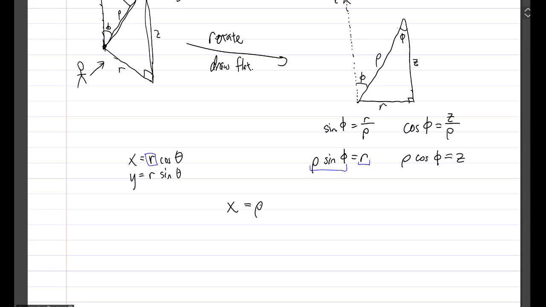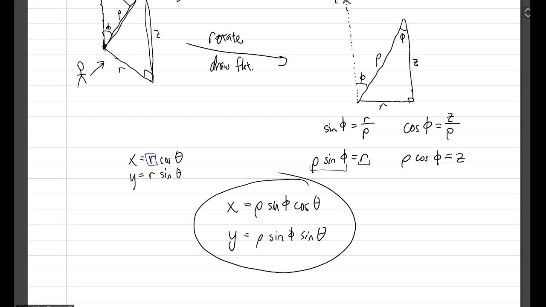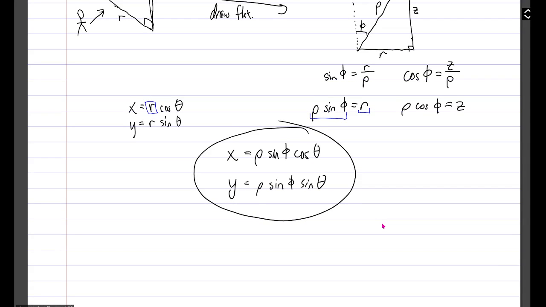So I'll have rho sine phi times, there's still a cosine theta. What about y? Well, again, let's replace that r right here with rho sine phi, and then we still need to copy sine theta. Okay. So this is good. This is rather important, that we have these two equations, and we'll take a look at that in the next segment.